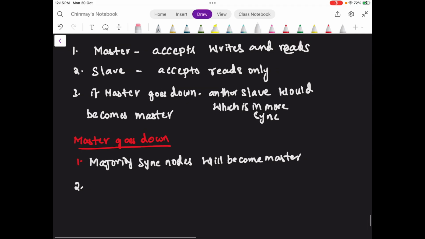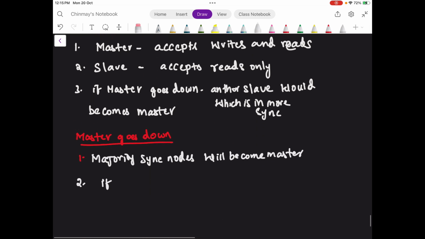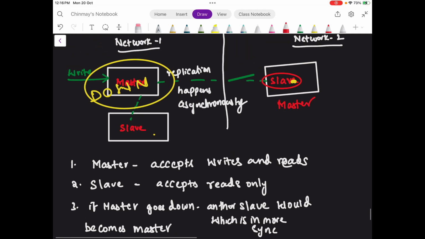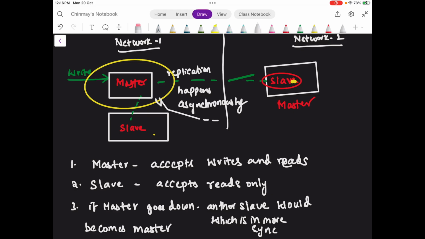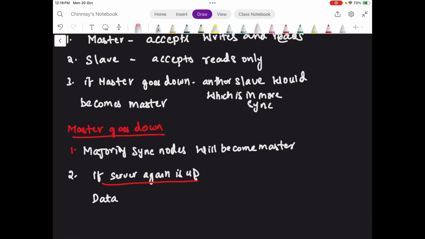Second case: if this server comes up again, what happens? Automatically, data will be transferred again from master to slave. Data transfer happens.